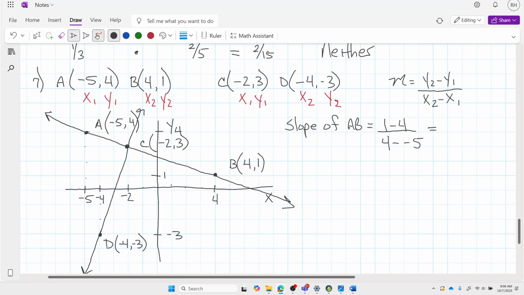Now everybody's got their calculator out. So what's 1 minus 4? Good. And what's 4 minus negative 5? Positive 9. And what does negative 3 over 9 simplify to?